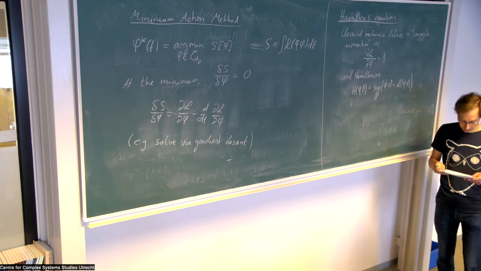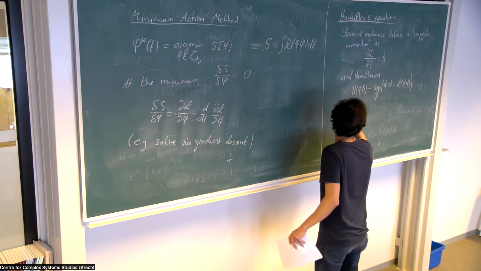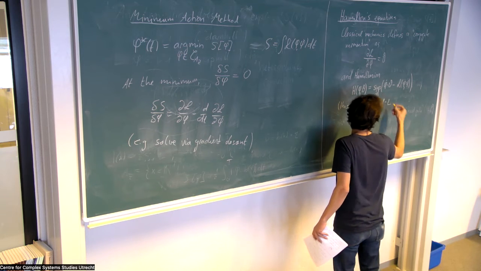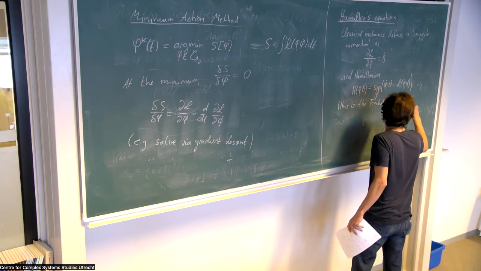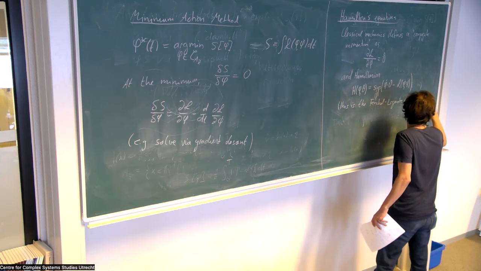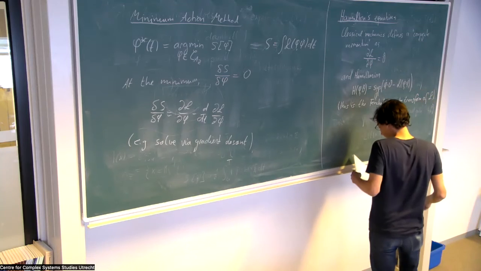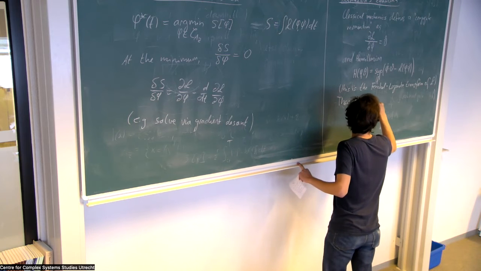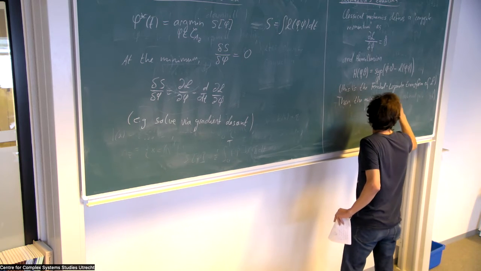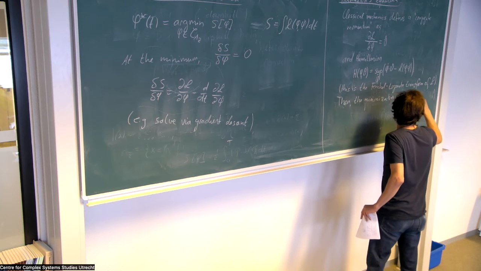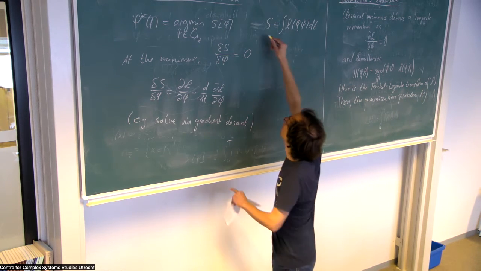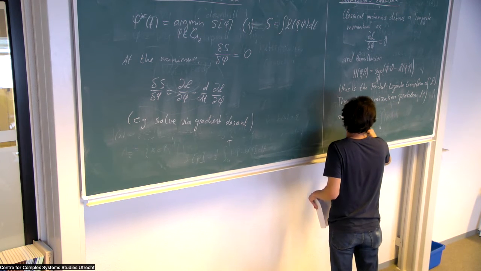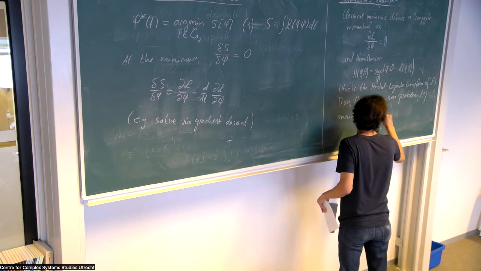If I have this Hamiltonian, this is the Legendre transform, Legendre because of the supremum thing. Then the minimization problem, this one, amounts to solving Hamilton's equations.